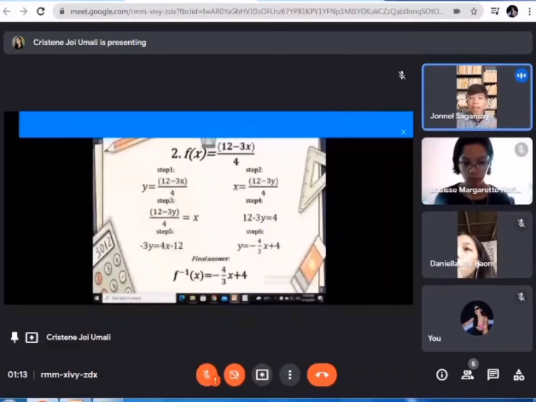The step 6 is, ang magiging sagot natin is y equals negative 4 third x plus 4. Bakit naging ganun ang sagot natin? Kasi i-divide natin both side sa negative 3 para maging single si y. So, the final answer is the inverse function of 12 minus 3x over 4 is negative 4 third x plus 4.